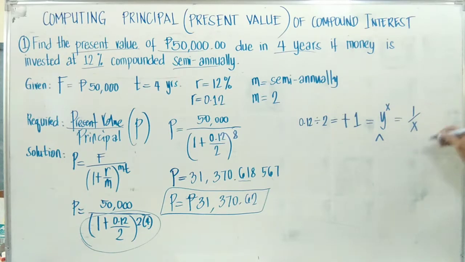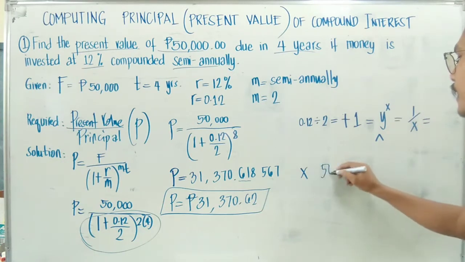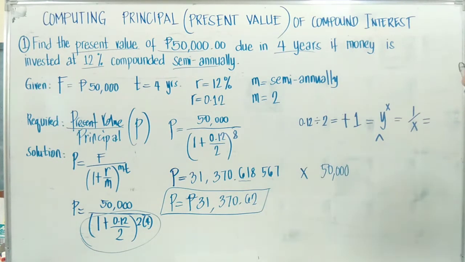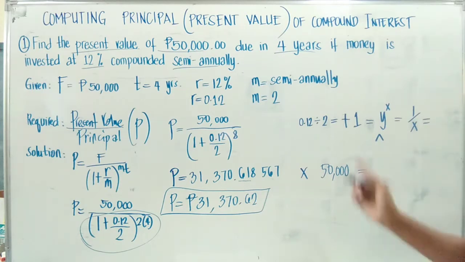Just press 1 over x, press equals, and times 50,000, press equals, and it will give you the same digits. So I guess that you followed the order. You can try it yourself, and let us proceed to the second example.